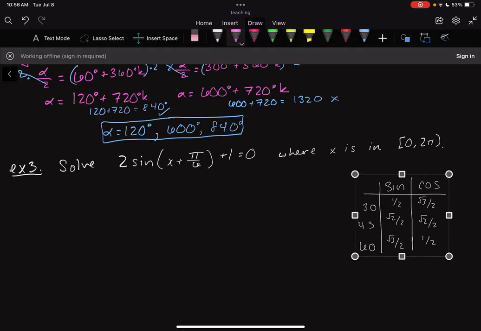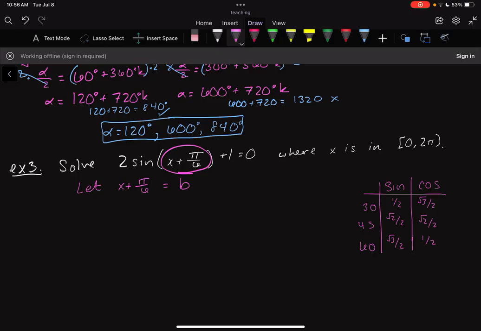So for this one, again, we'll let that be a different angle, a different letter variable. So let's say x plus pi over 6. I don't want to pick x because it's already there. I don't want to pick something that's already written. I want to pick something new. So let's do, I don't know, just any letter really.